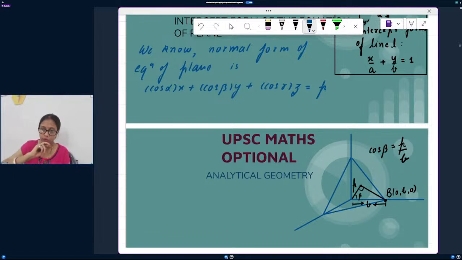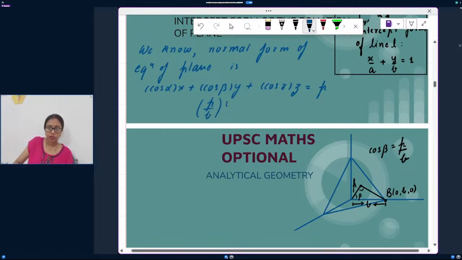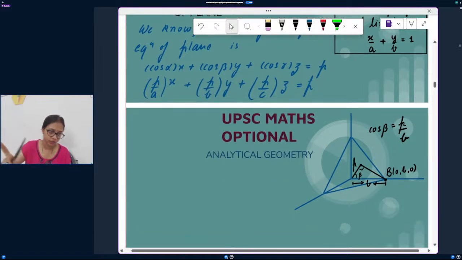So cos beta is P by B, that means y is P by B, z is P by C, and x is P by A. Basically, I have considered a different triangle this time. So P cancels and it is x by A plus y by B plus z by C is equals to 1.